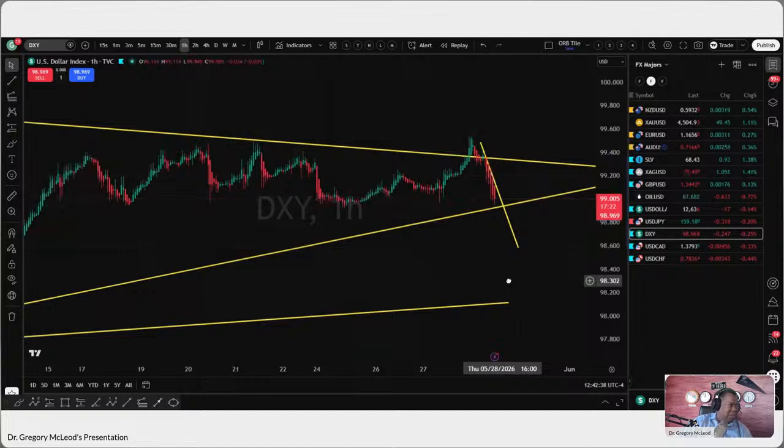If you go to compare symbols and put the S&P, I use SPX 500, the CFD, on top of each other, you can see that you get the same rises and the same dips that you see in the S&P 500.